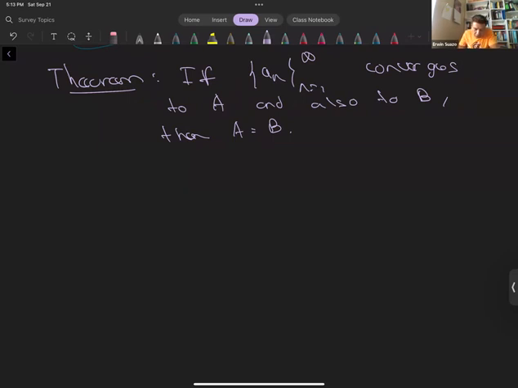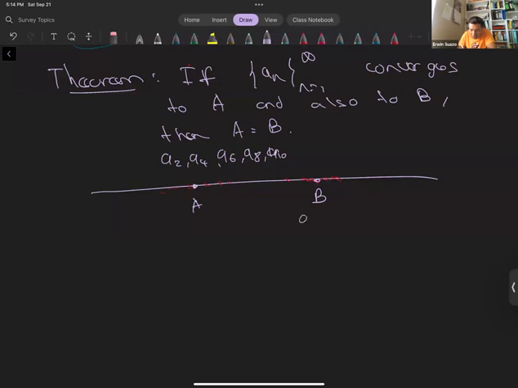It makes sense, because if I have a sequence, and you say, okay, this is A, this is B. Maybe it's not crazy. You say, since this is infinite, maybe the even terms a2, a4, a6, a8, a10 are here, and the other ones, a3, a5, a7, a9, and so on, are there.